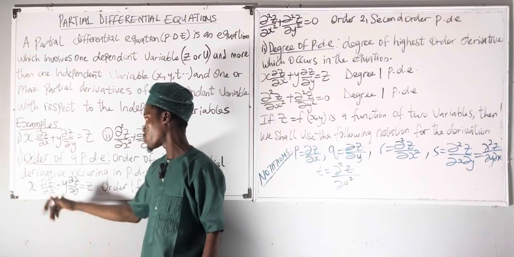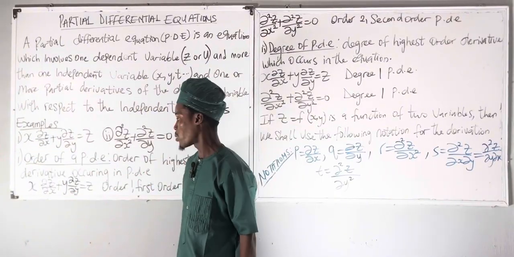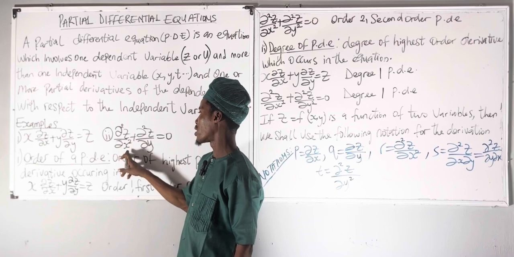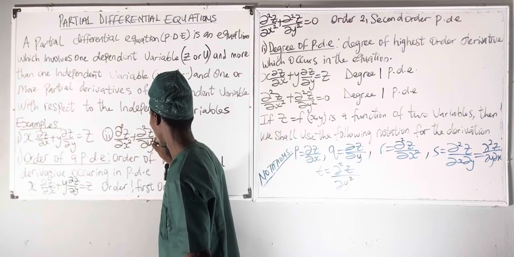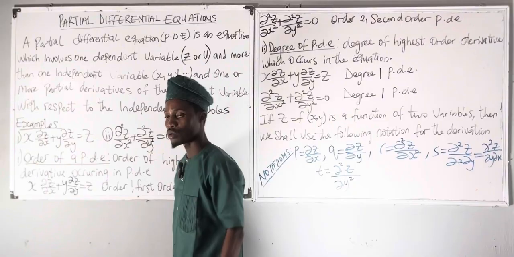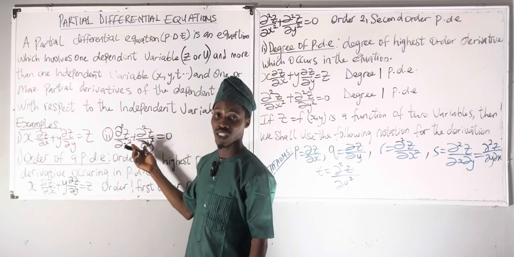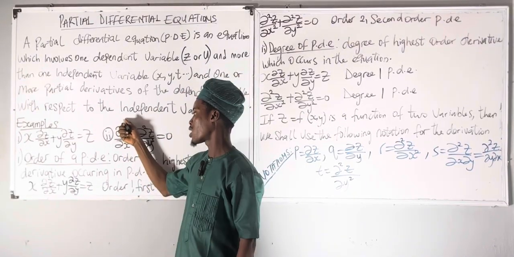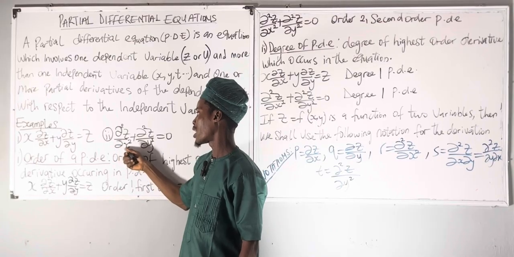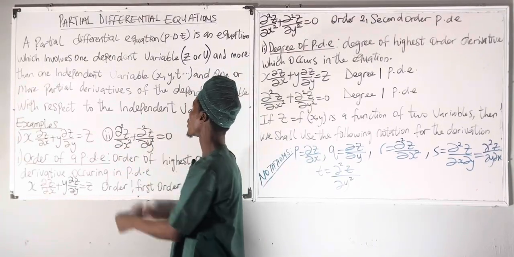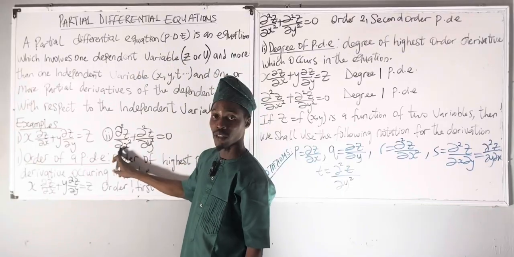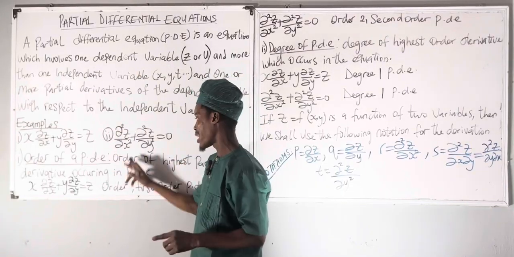partial differential equation. You can see for the second example, we have partial square z over partial x square plus partial square z over partial y square is equal to 0. This is also a partial differential equation. The dependent variable is z, which depends on x and y.